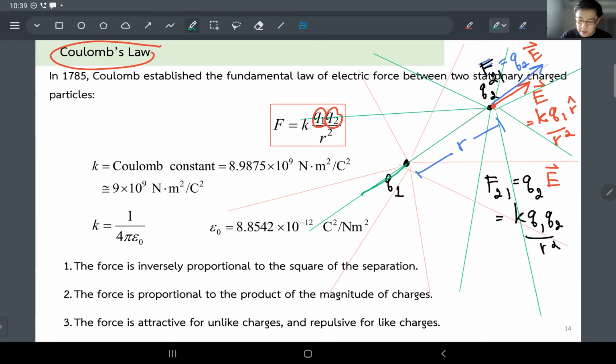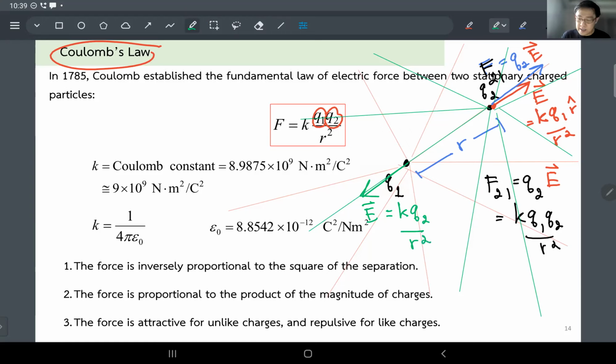Let me put it backward here. See? Let me call this E, the green one. So this is the green electric field. How much is this? It's just K, the charge generating the field Q2, over R squared.